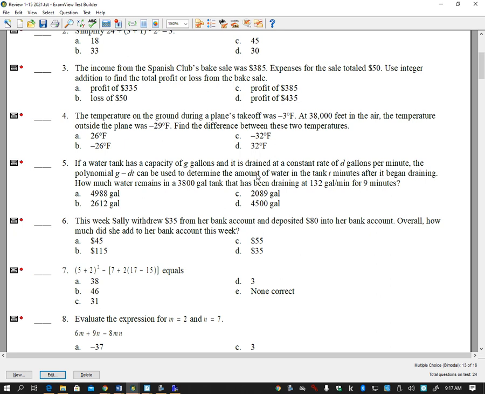Okay? So, it says integer addition, but we're going to use what here? We're going to use subtraction, right? The income was what? 385. Our expenses. So income is what? Is that a positive or negative? Okay, so that's a positive number.